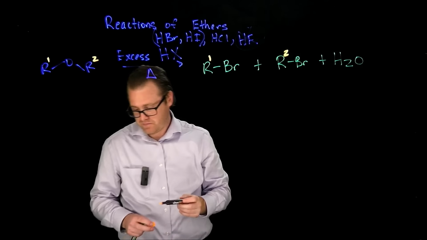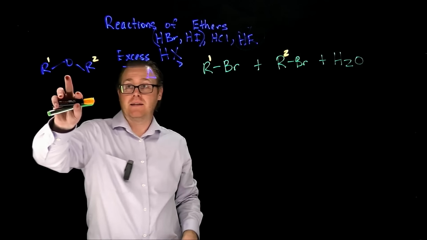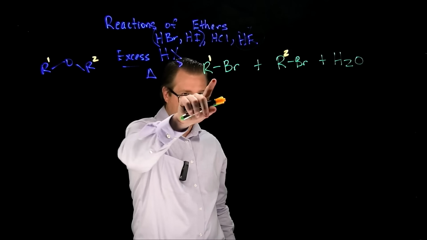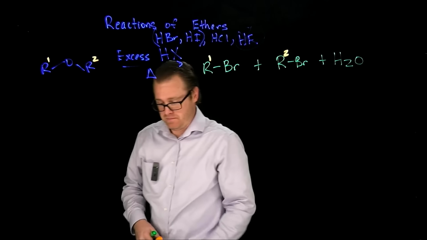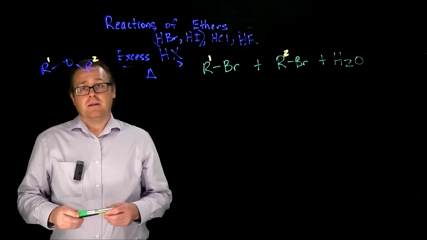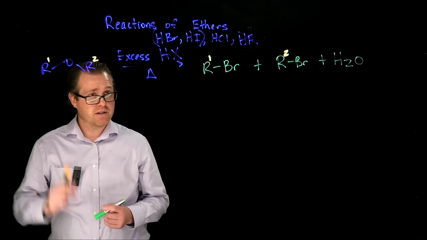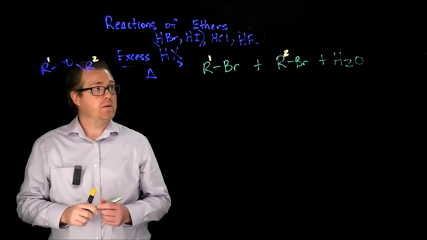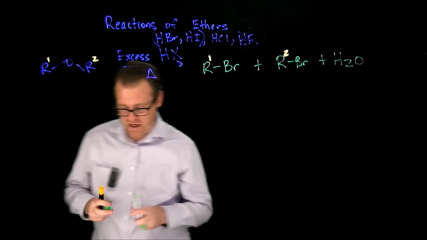So what are we making? We can take an ether and generate an alkyl halide. Pretty straightforward. Now, when I go through the mechanism, that will help us understand some limitations and how the mechanism can change.